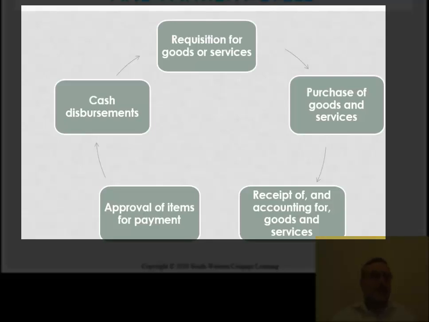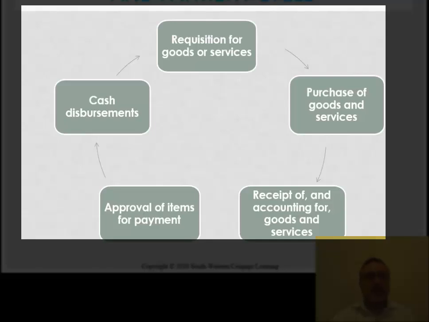So the next step of the process is the actual approval for payment. The approval for payment comes from the accounts payable department. The accounts payable department receives an invoice from the vendor. They then match this invoice with what was received and what was purchased based upon quantity, goods, as well as pricing.